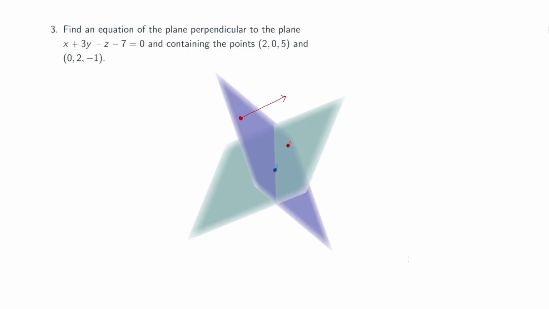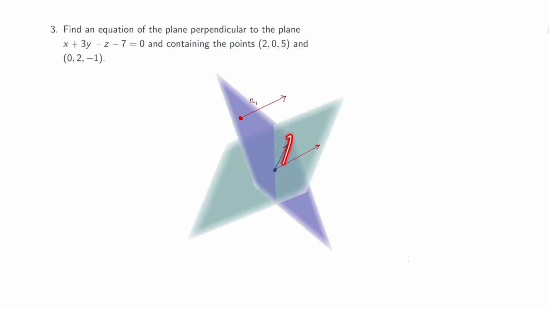Now, since we can freely choose where to put this one, we can put its initial point to be this point. So hence we can have N1 to be something like this. Now notice that this point is actually inside your required plane. And by using these points, we can obtain another vector, which is this one, that is also inside the plane.